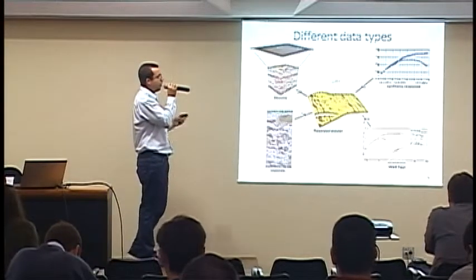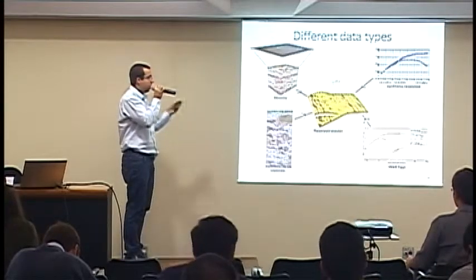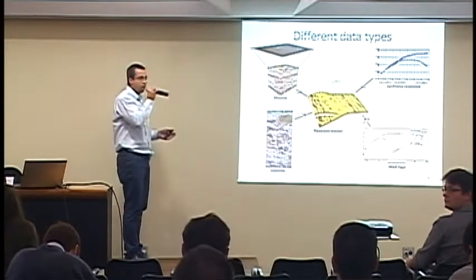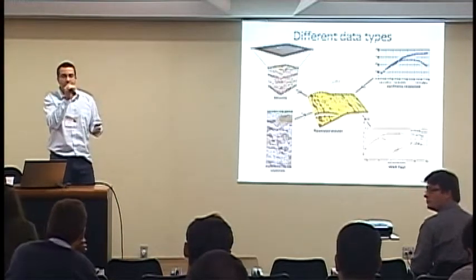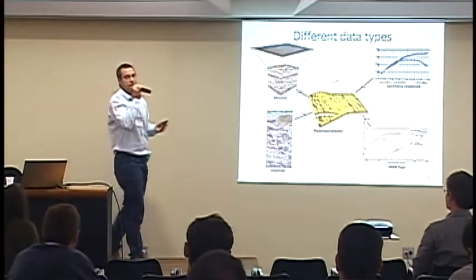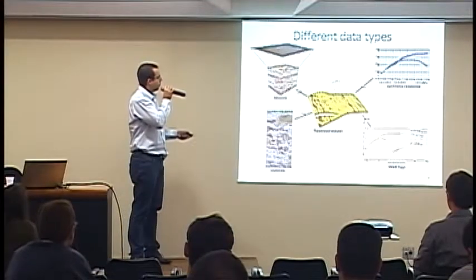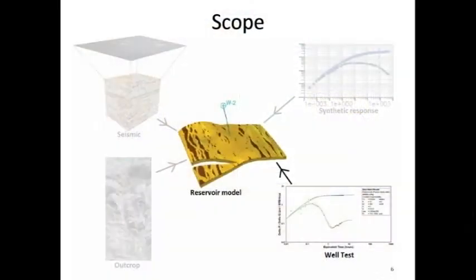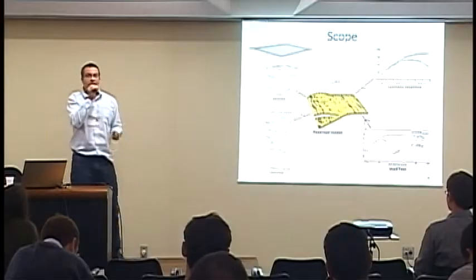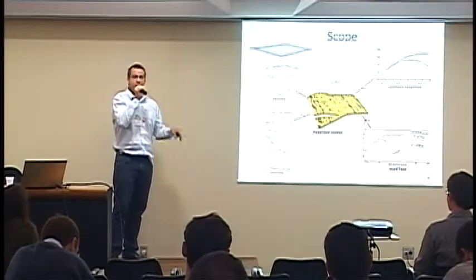After you generate the simulation, apart from the static properties, you also have dynamic properties. In other words, now some properties may change their values over time. So our scope will be to take this reservoir model already generated, and then we work with data called well test data, which is a measurement that reservoir engineers do in the field.